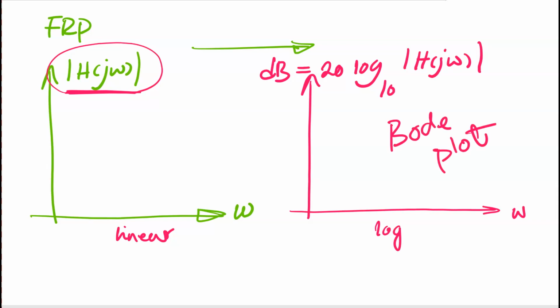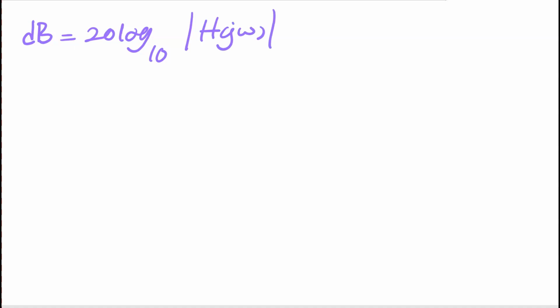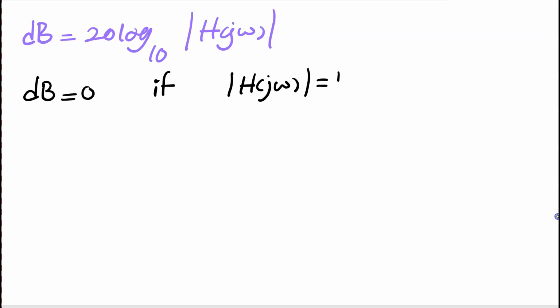And these are the interesting things about decibel gain. If we are focusing on decibel gain, which is 20 log base 10 of the magnitude of H at j omega, then the decibel gain will be equal to 0 whenever the magnitude of H at j omega is equal to 1.